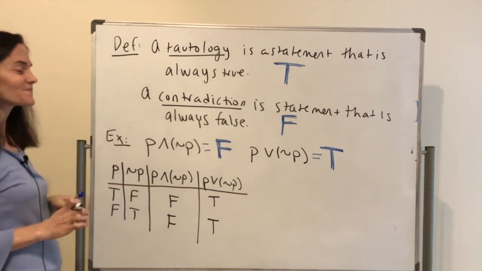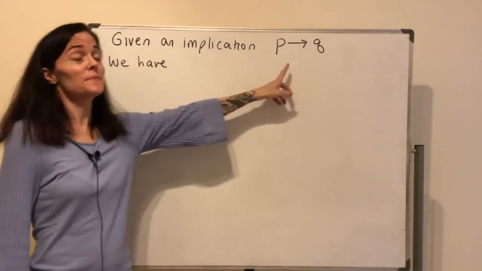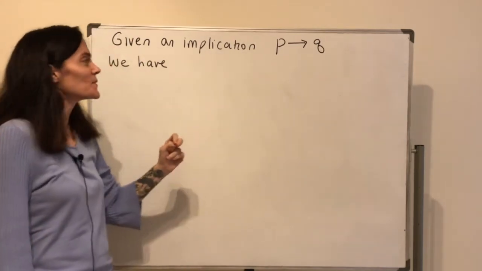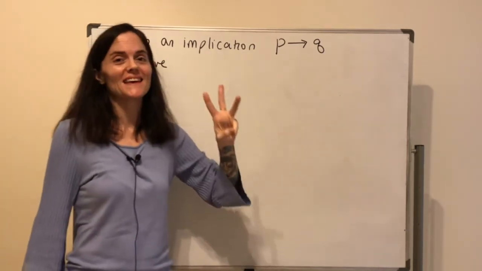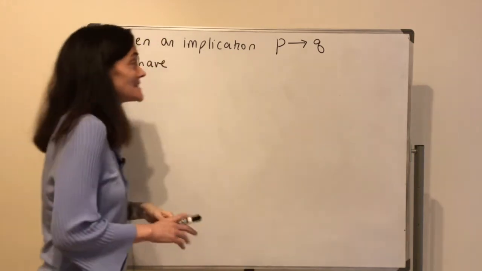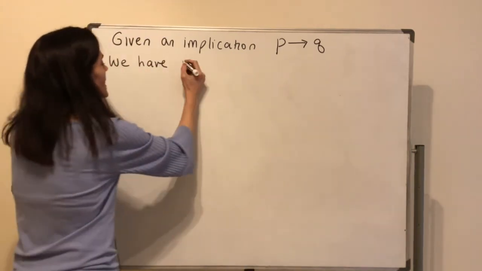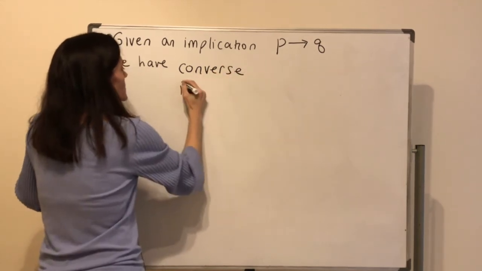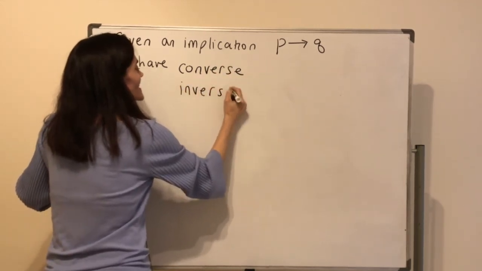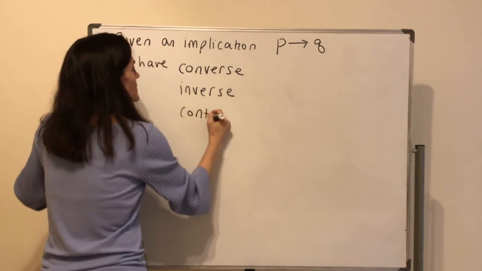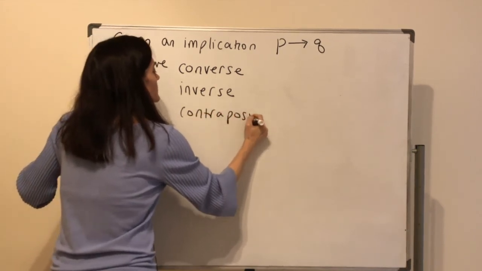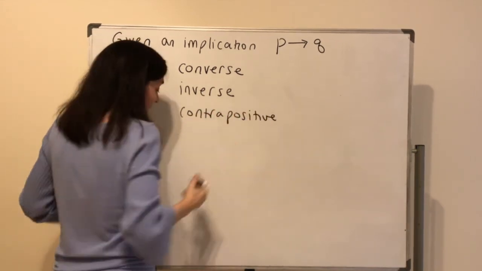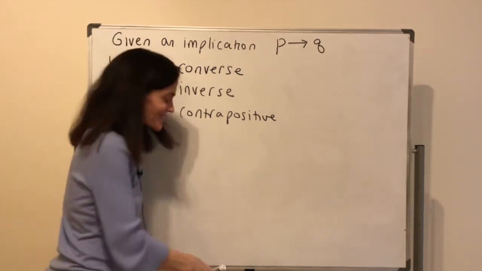Now, given an implication, P implies Q, we have sort of 3 related statements that we can make. One is the converse, one is the inverse, and one is the contrapositive. And what are these 3?